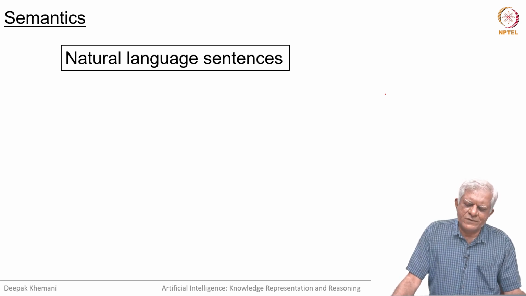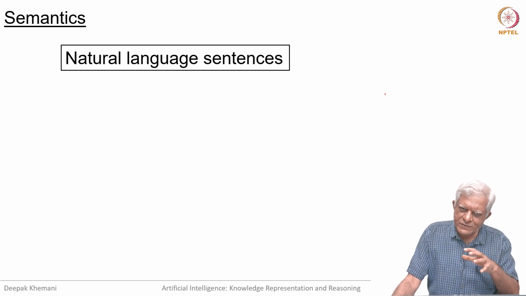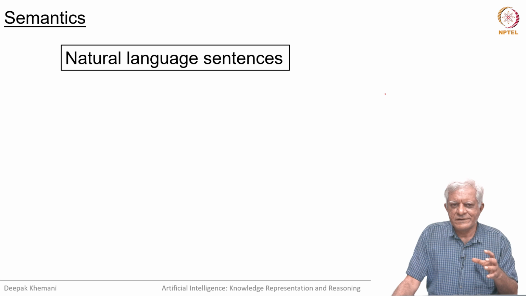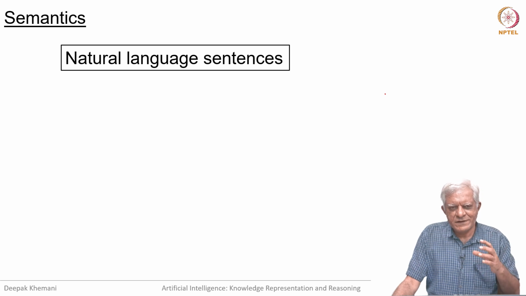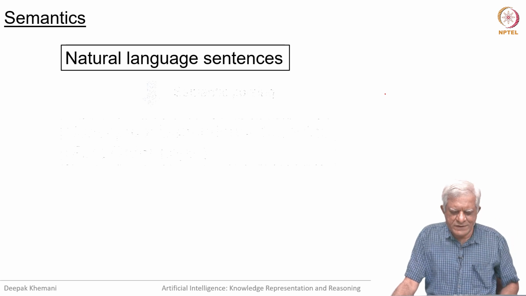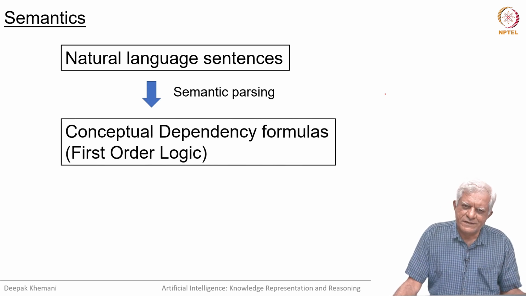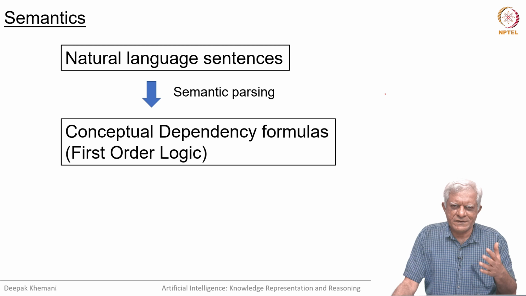So, if you subscribe to this viewpoint that there is a conceptual base which serves as the meaning of natural language sentences, then you can see that there is something you can call semantic parsing, which is of course different from syntactic parsing.